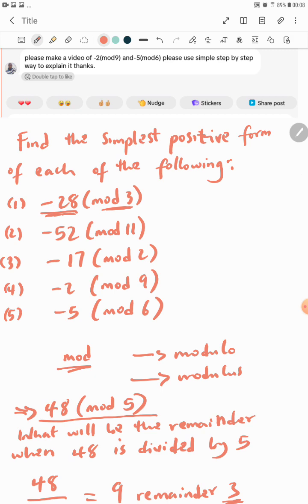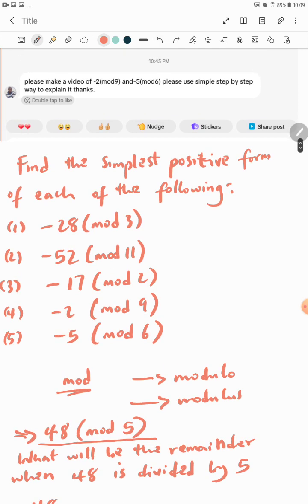You can start adding from 3, add another 3, and another 3, but we know that will be strenuous. So you can simply pick the closest multiple of 3 that can turn this minus 28 to a positive number. And then we compare. If what we get is less than our modulus, then that will be our final answer. If it's more than our modulus, then we have to divide until we get a simpler number.